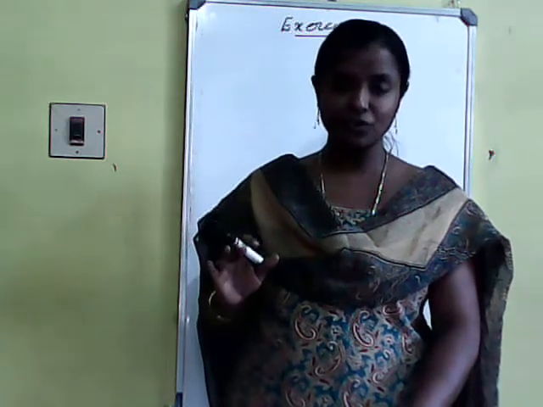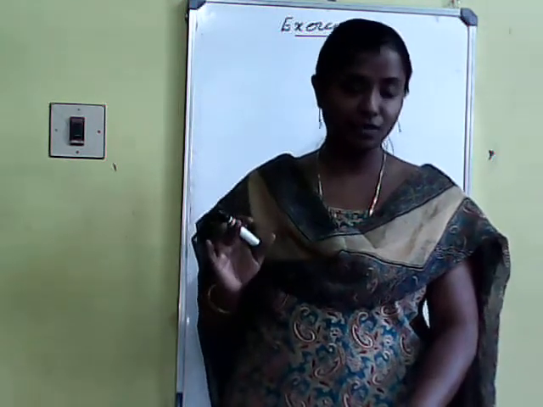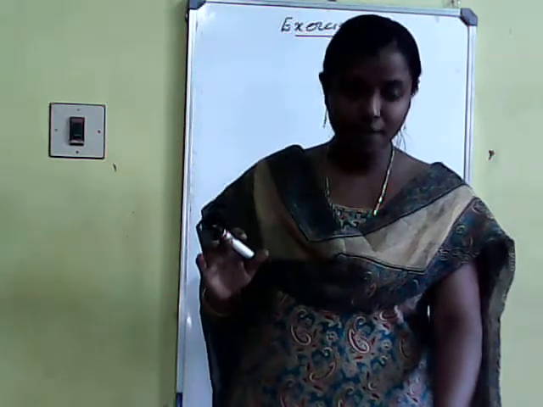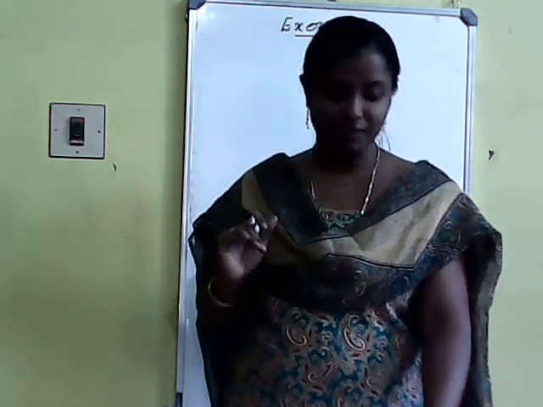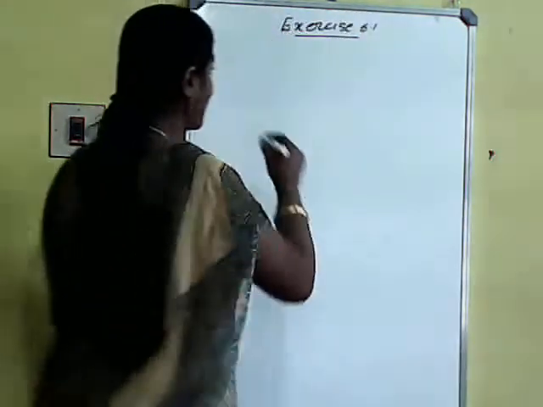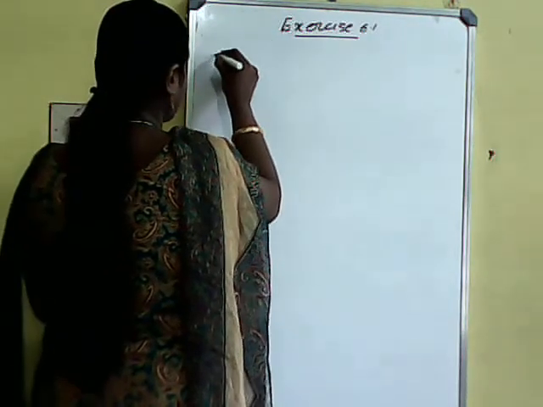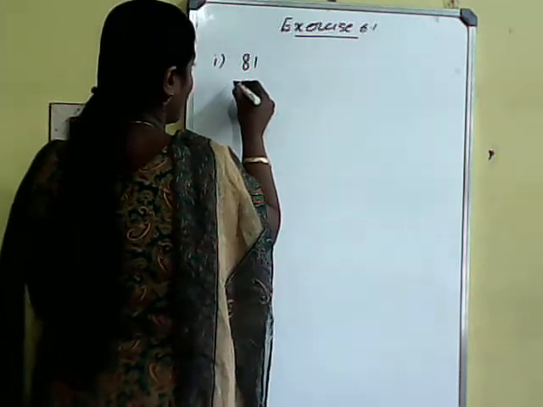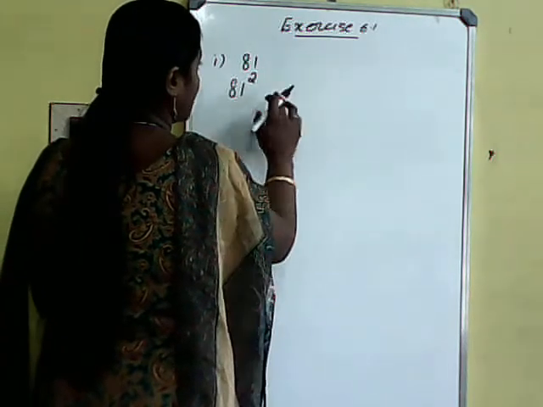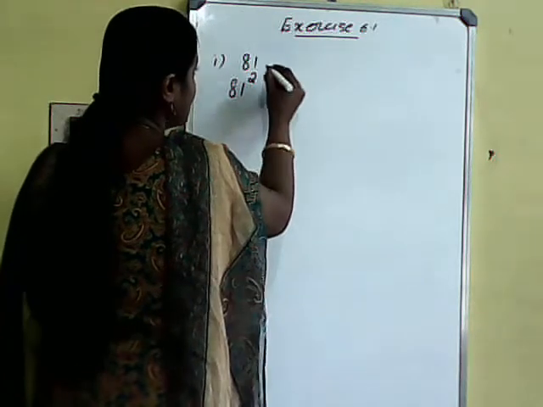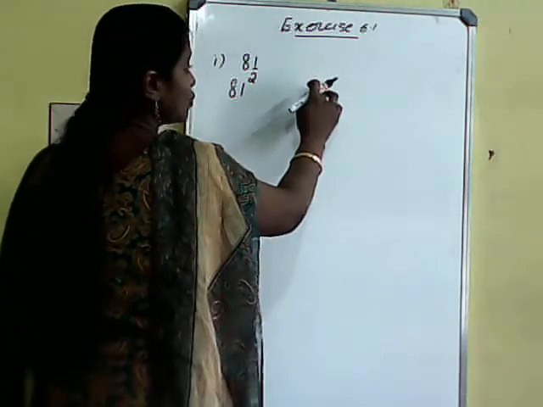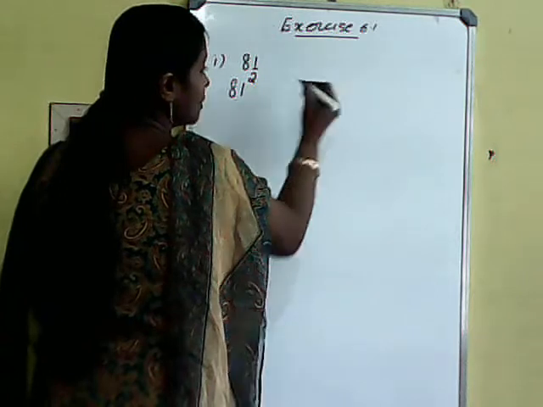In the previous module these types of problems were discussed. What will be the unit digit of the squares of the following numbers? The first number is 81. So for 81 squared, which number comes in the units place? That is our question. Here the units place is 1, so its square is 1.